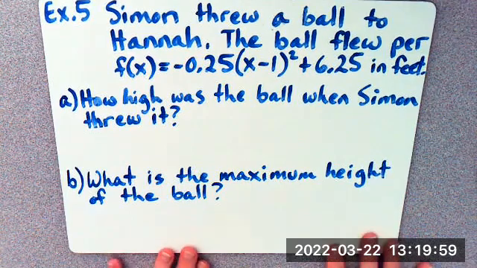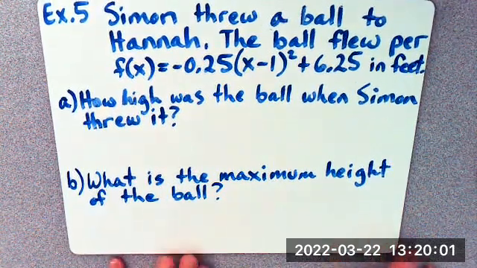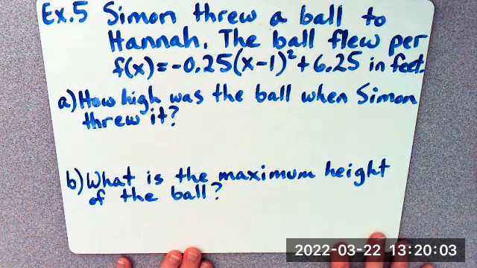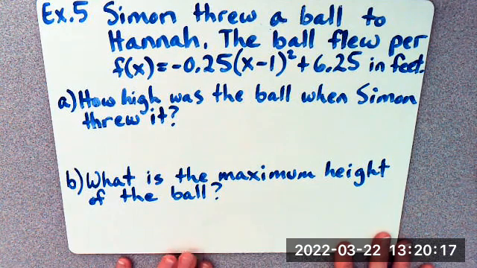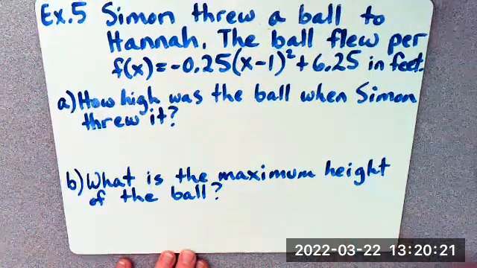All right, let's look at Simon. Example 5, Simon threw a ball to Hannah. The ball flew per f of x equals negative 0.25 times the quantity x minus 1 squared plus 6.25 in feet. So we notice this is not standard form.